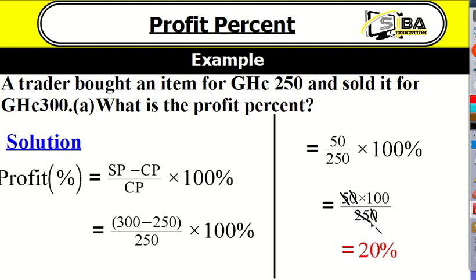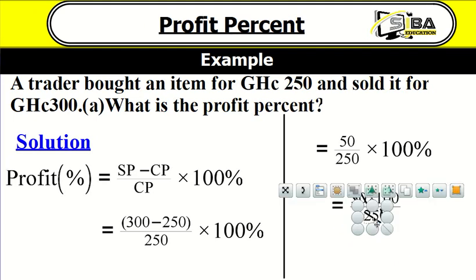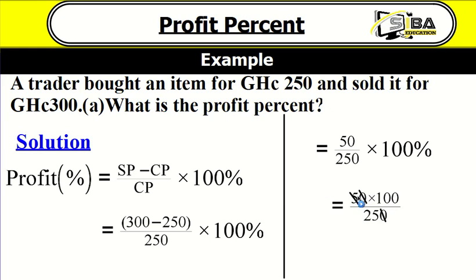Or we can also have the 25 cancel into 100, which is 4. And therefore, 4 times 5 gives you 20%.